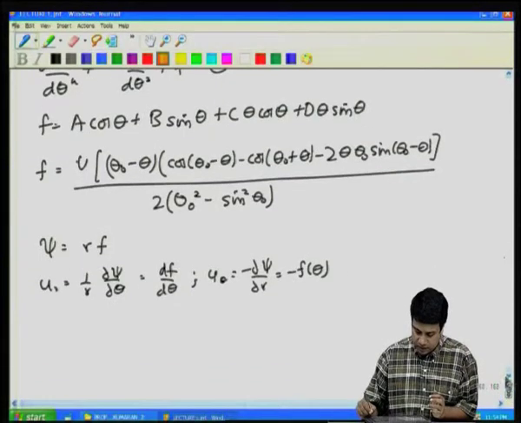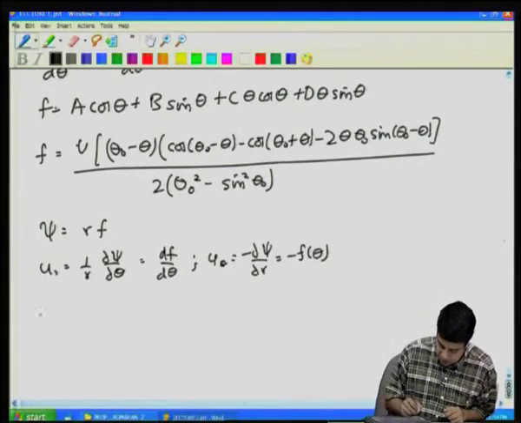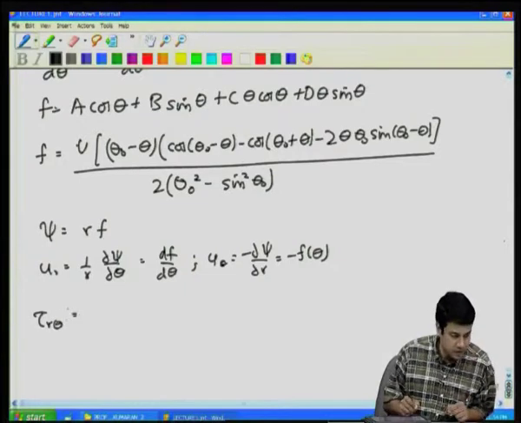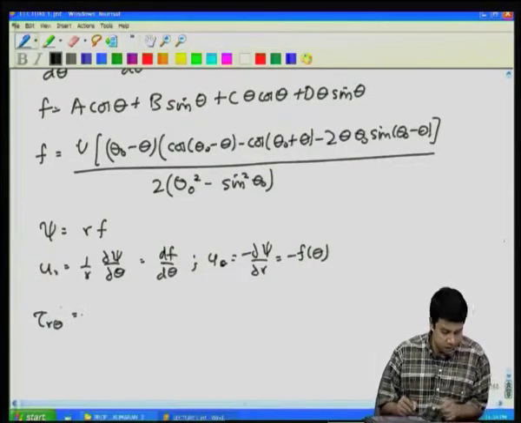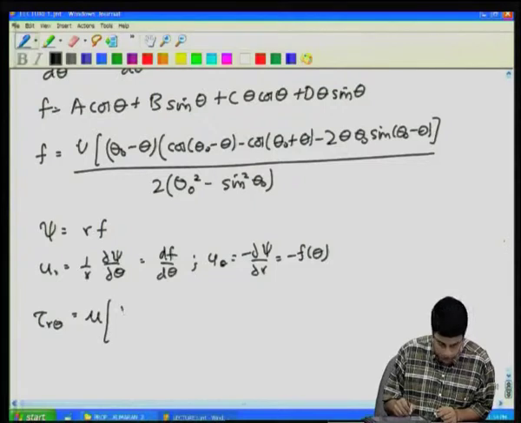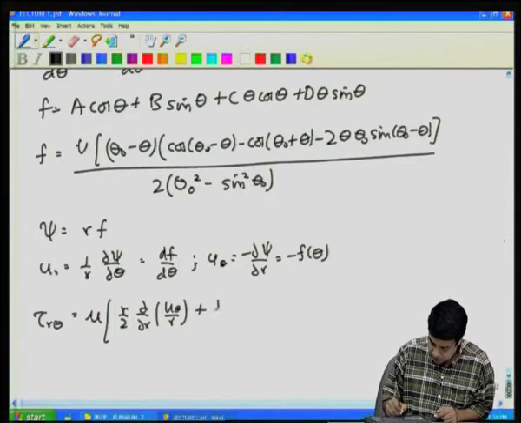So, this can be evaluated. The shear stress tau r theta turns out to be equal to mu into r by 2 d by dr of u theta by r plus 1 by 2 r partial u r by partial theta.